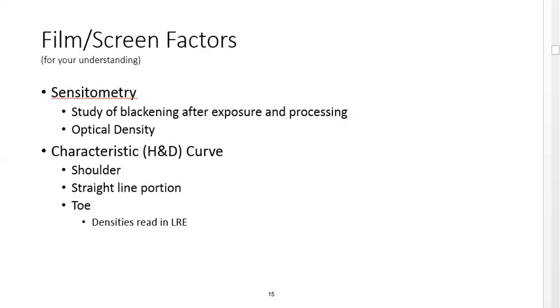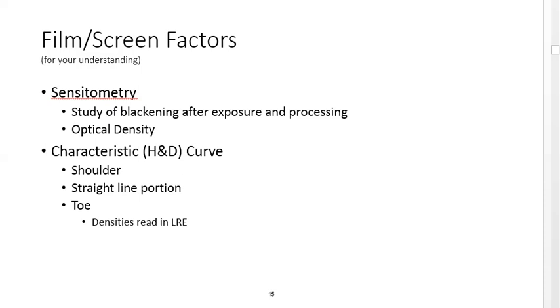So how we measured screen film speed was again the study of the blackening after exposure and processing, and it was a measure of optical density. So again, the three portions of the H&D curve, and we talked about this on Friday, were the shoulder, the straight line portion, and the toe portion.